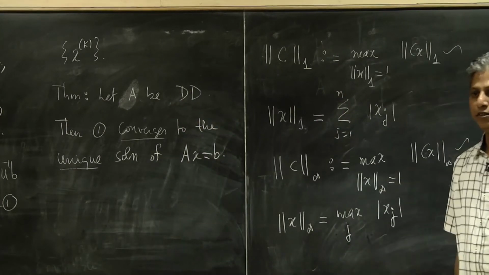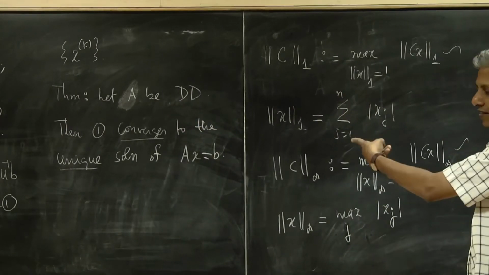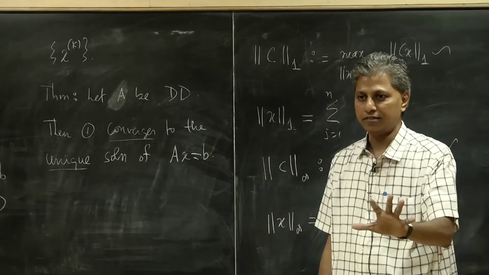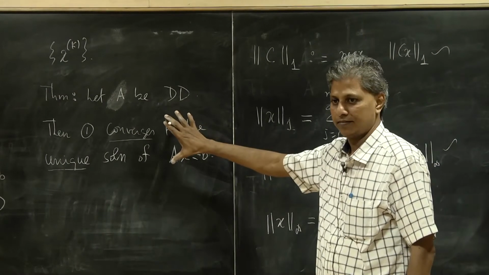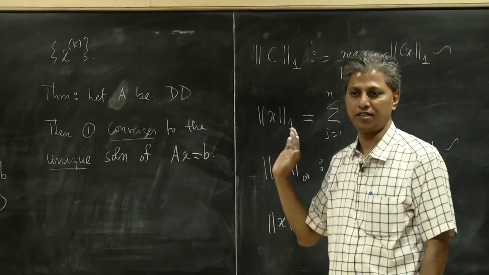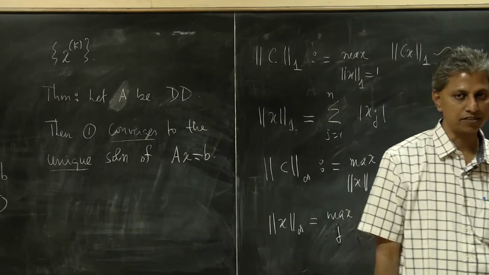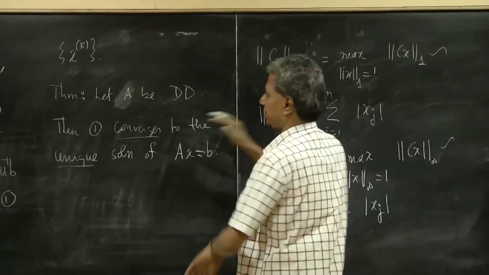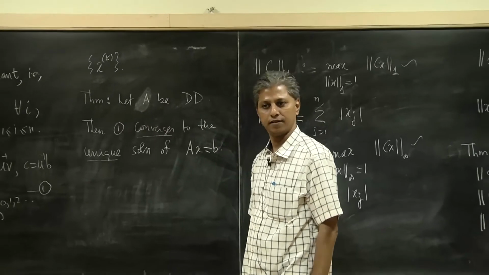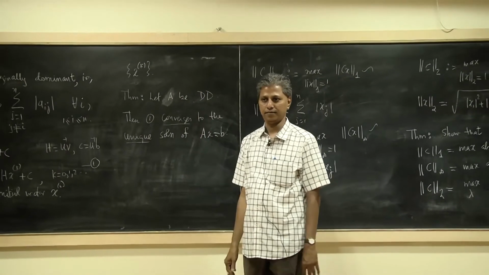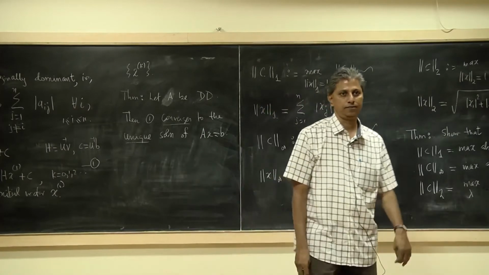I will have to use this. For an M-matrix, this will be applied, because diagonal dominance comes naturally for an M-matrix. And so it's a typical situation where this result can be applied. That's the idea. But I'm also giving a more general result here, because it may be useful.